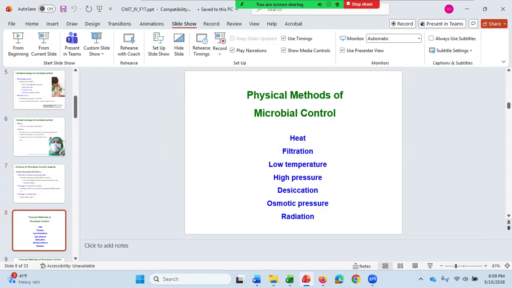All right. We have physical methods for controlling microbes, including heat, filtration, low temperature, high pressure, desiccation, osmotic pressure, and radiation. I went through that very quickly, but we will discuss most of them.